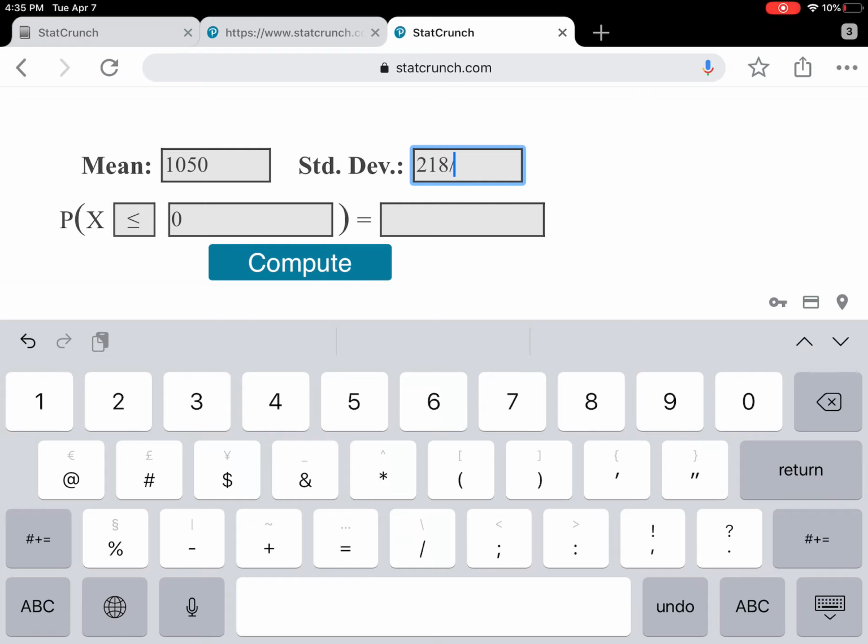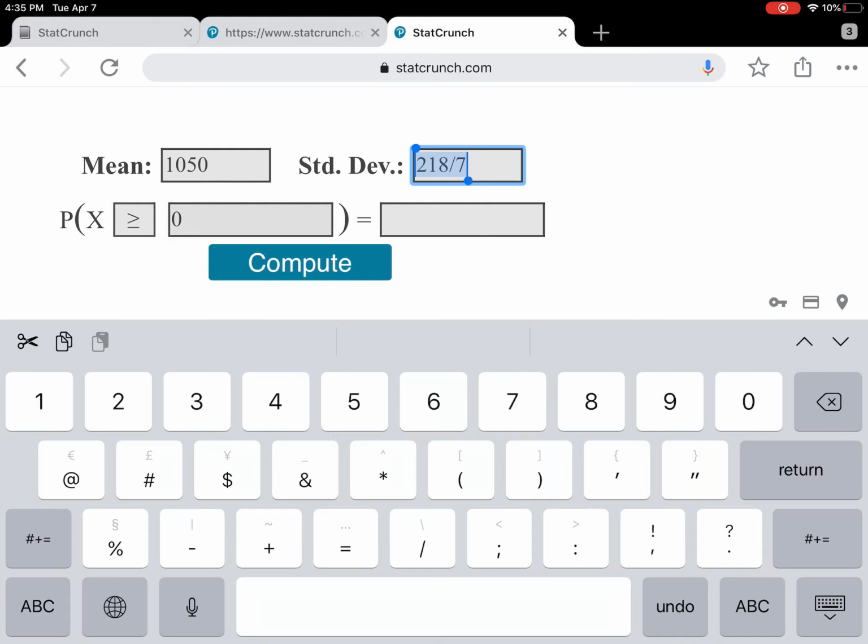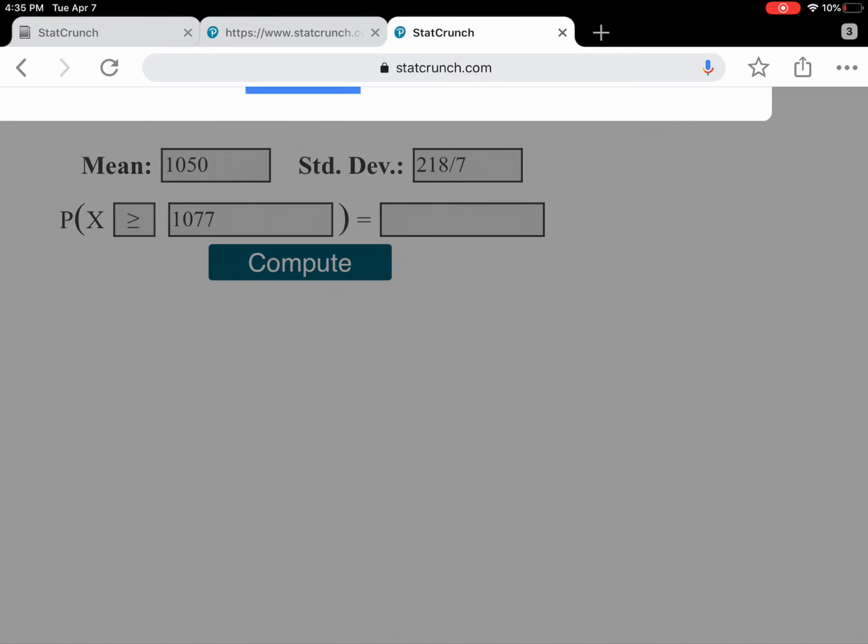The mean of this distribution is 1050. What's the standard deviation? Now, we got that to be 218 divided by 7, right? I just don't know if they're going to let me type in a fraction. I mean, why not? Accept it, hopefully.